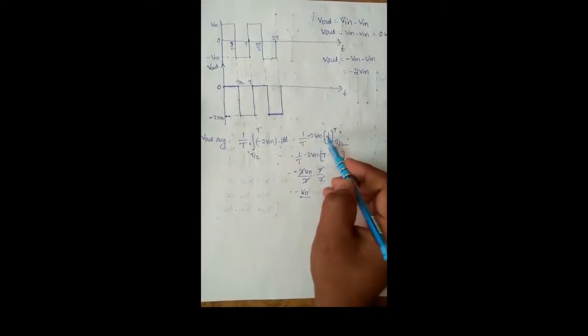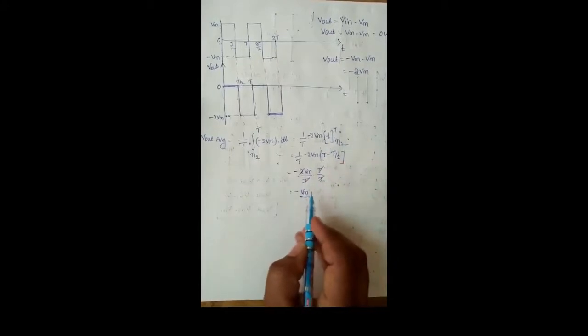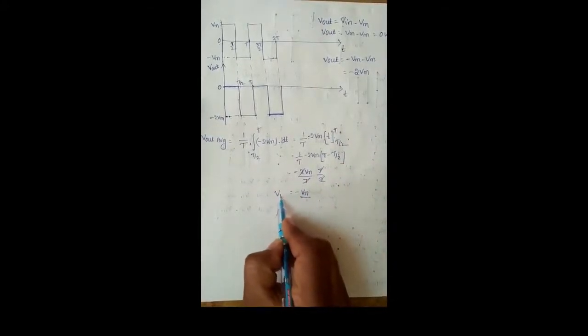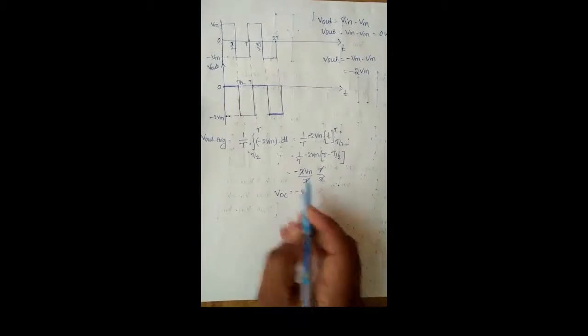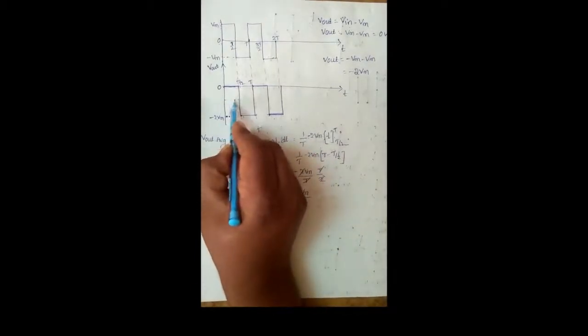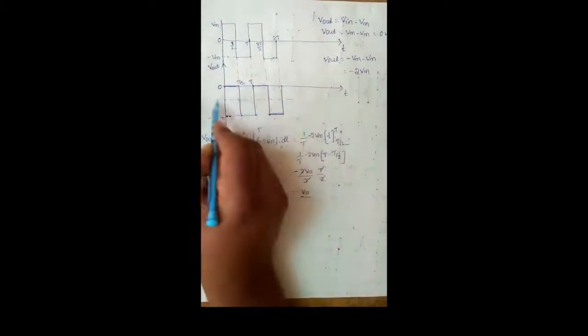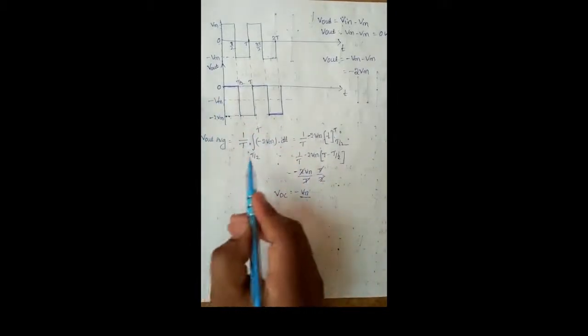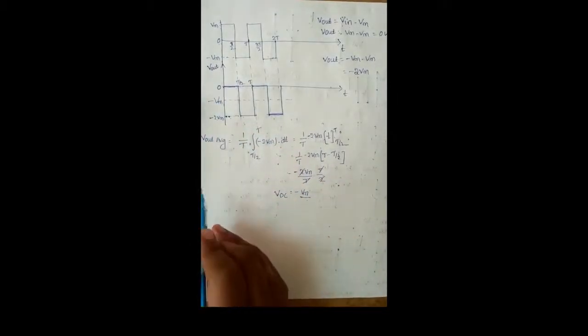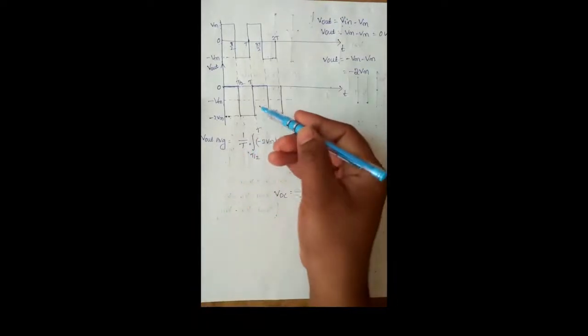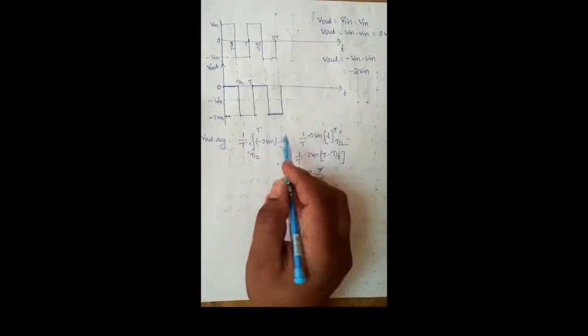Now we substitute, and we get Vout average, or VDC, equal to minus Vm. It means that the DC voltage of this clamper circuit is minus Vm. With respect to that, we estimate the DC voltage of this output signal.